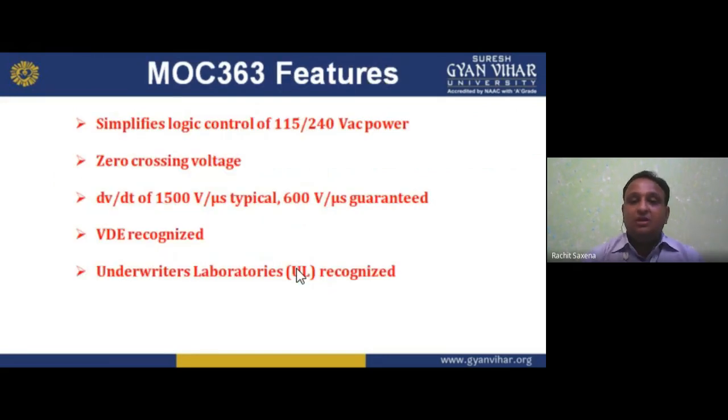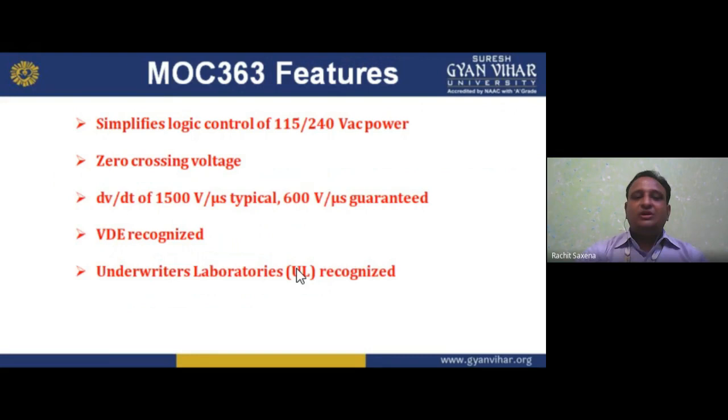Now the MOC 3063 features. Simplified logic control of 115 or 240 volt AC power. Zero crossing, with a dV/dt of 1500 volt per microsecond typical, and 600 volt per microsecond guaranteed.